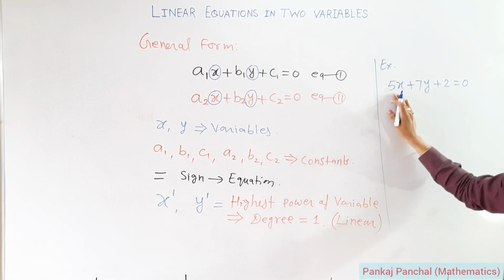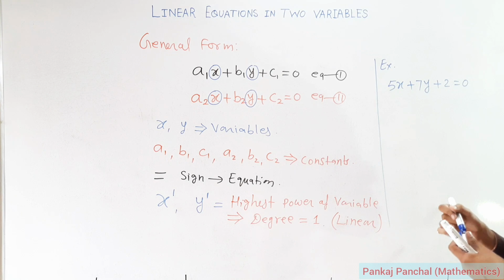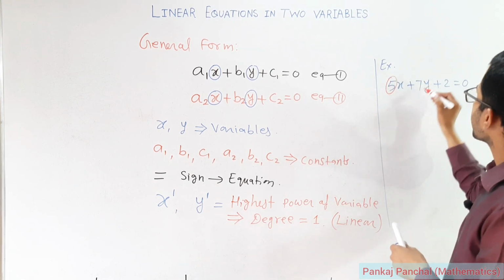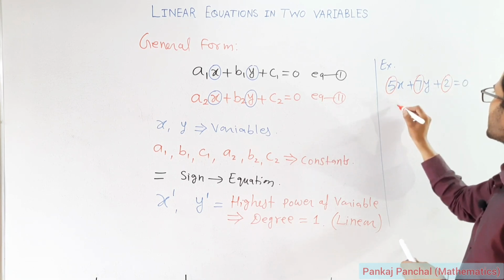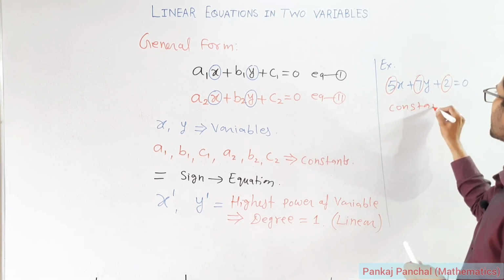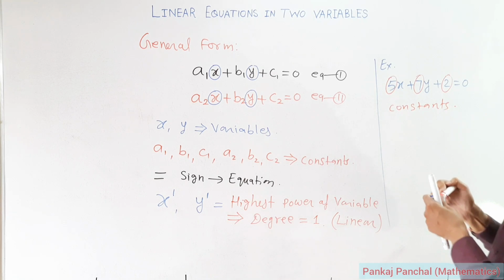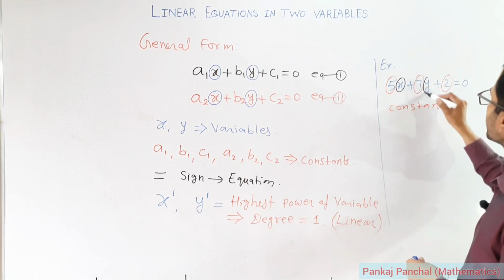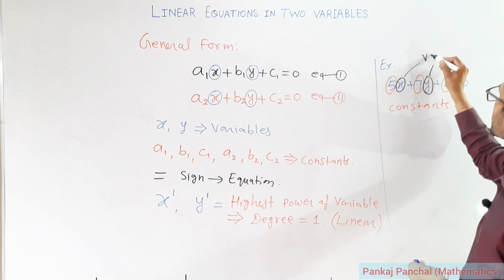This is one example of linear equation in 2 variables. These are the constants, 5, 7, 2, and the variables are x and y.